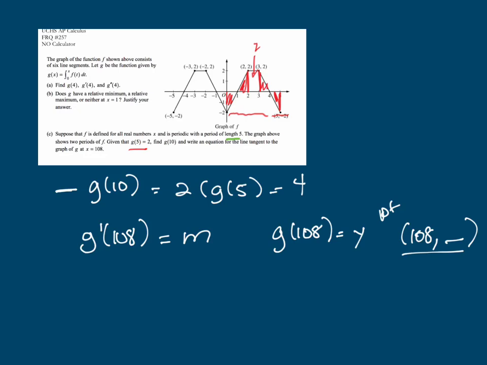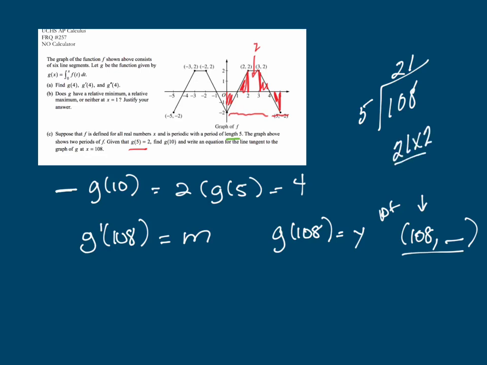Well, look, all we know is that g of 5 is 2, but it repeats itself. So how many g of 5s are in here? So if you do 108 divided by 5, that's equal to 21, right? So that's 21 times 2.